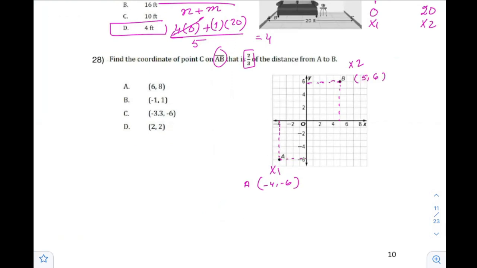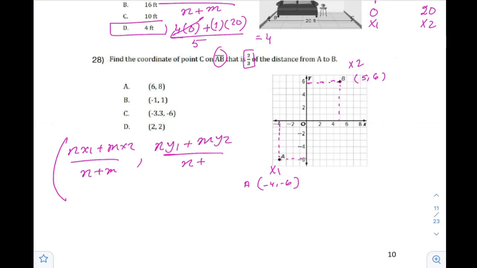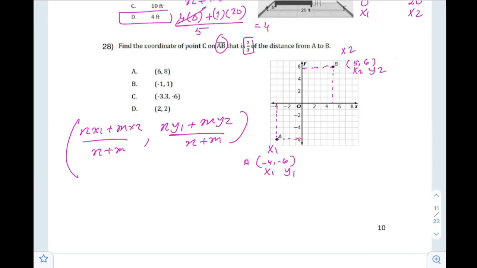And we want the ratio. So it will be n x1 plus m x2 over n plus m, and the same will be applied to y. This is x1, y1, and this is x2, y2. Let's apply our n.